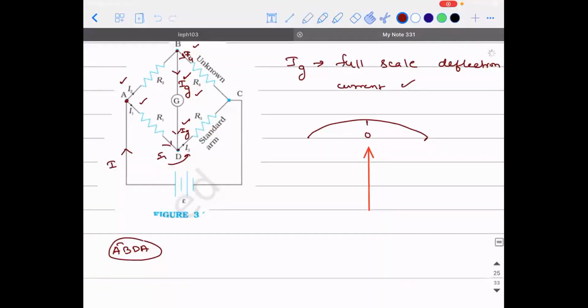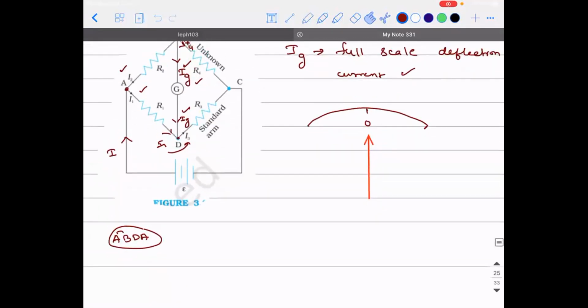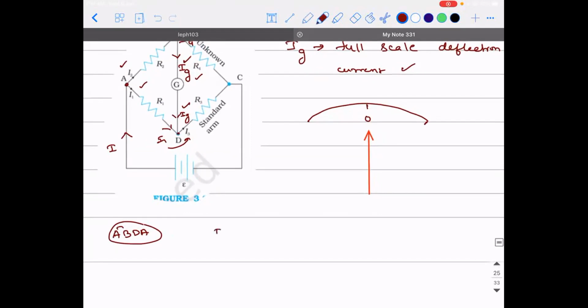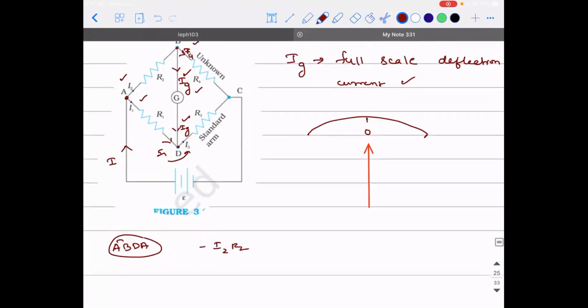Yes. So if I take the loop ABDA, how do I apply Kirchhoff's law? Can I write it as negative I2 into R2, plus, see the resistance of the galvanometer also, if I call it RG, like how I call the current IG, then what is going to be the value of IG into RG here?